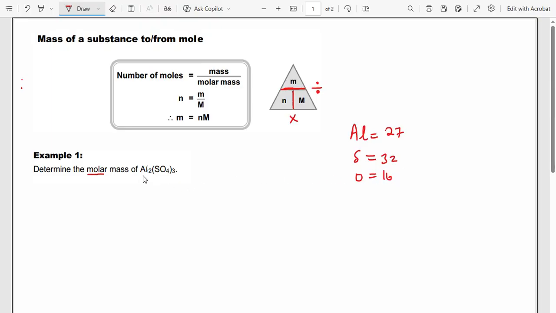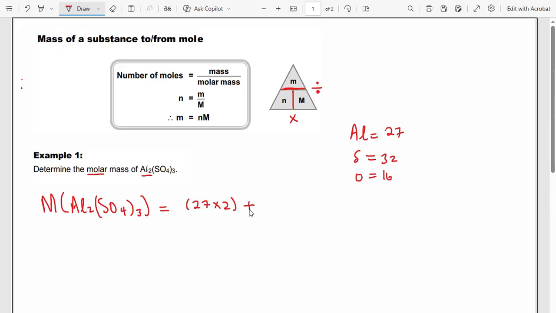Let's start with Al. You see the subscript there, the 2. This tells you that the molar mass of Al2(SO4)3 equals, the first one, 27, which must be multiplied by that subscript 2, then close the bracket.